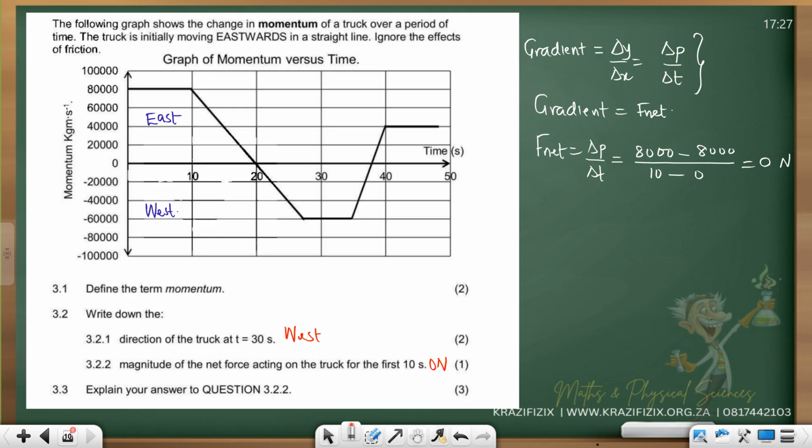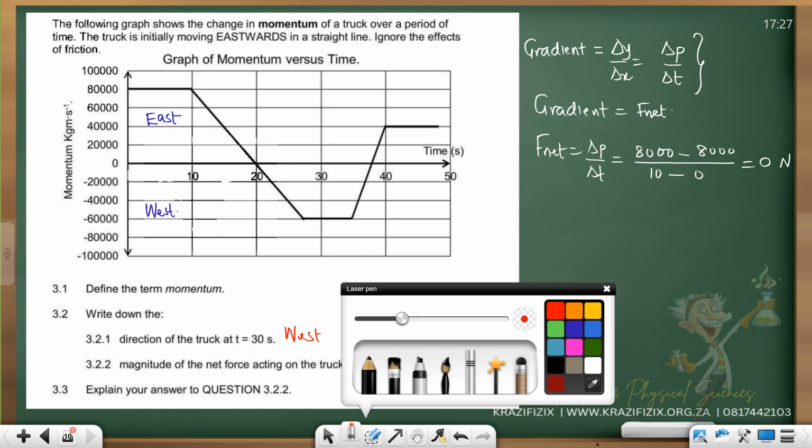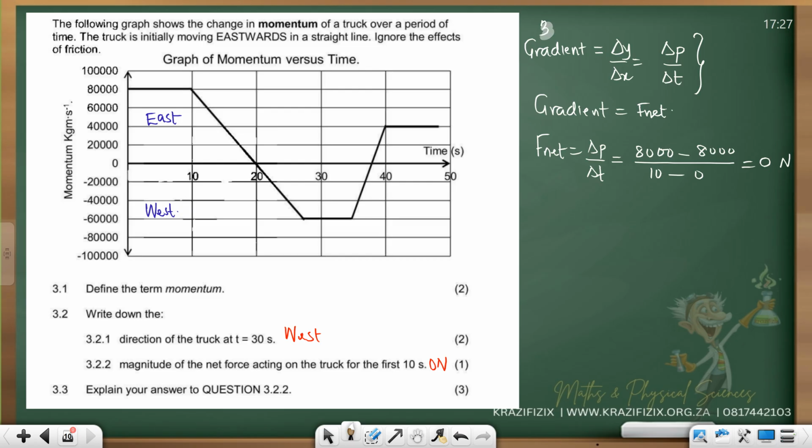Explain your answer to question 3.2.2. So we want to now explain what we just did. You know, I'm actually done with the explanation. Just write what I wrote there. That is actually the explanation. So this is 3.3. You don't even need to use so many words.